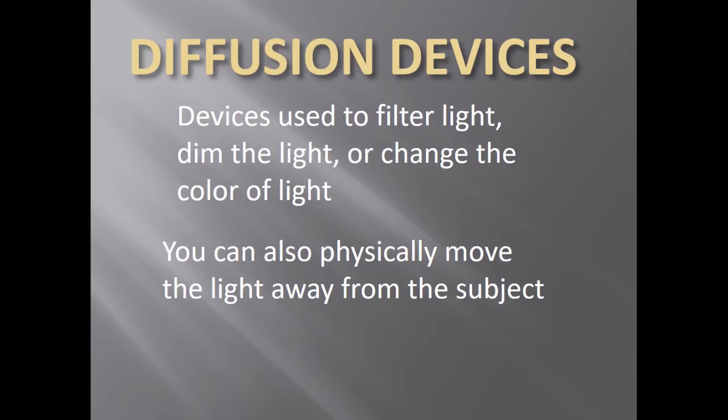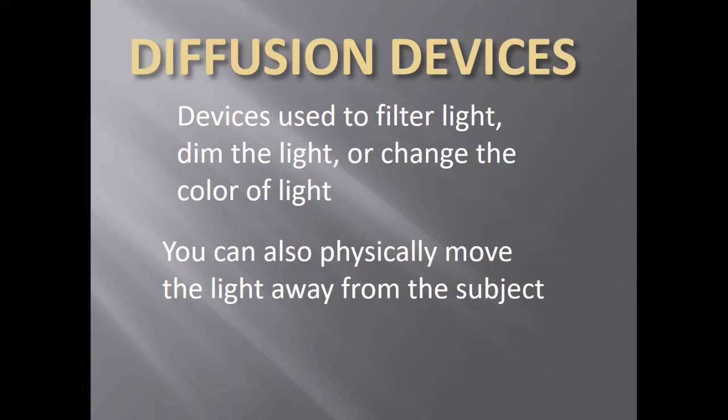And we have access to some of these in our class that you'll be able to use if you would like to change the color of light for any of your video projects. One important thing to keep in mind is anytime your light is too harsh or if it's not bright enough, you can always physically move the light further away or closer to the subject.